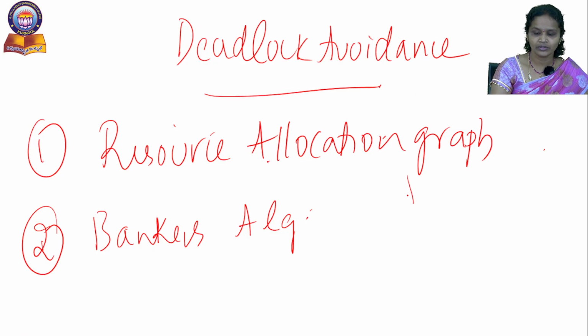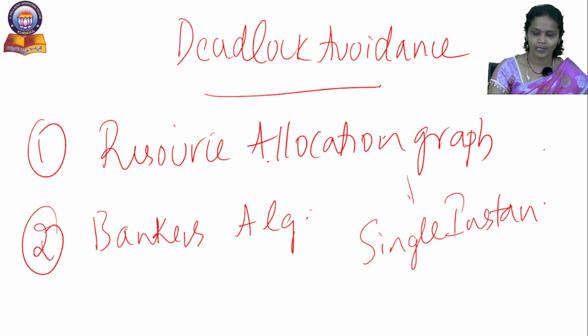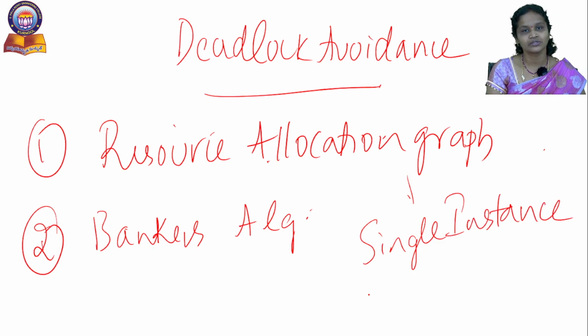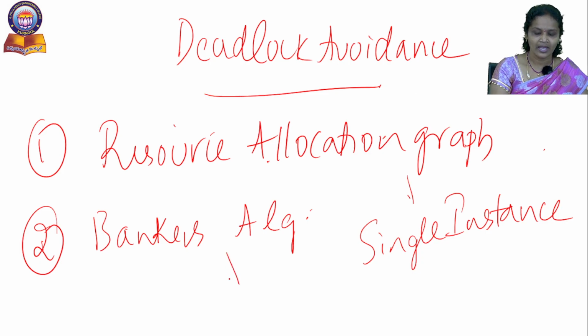The resource allocation graph is used whenever each and every resource has a single instance. And the Banker's algorithm is used whenever the resources have multiple instances.